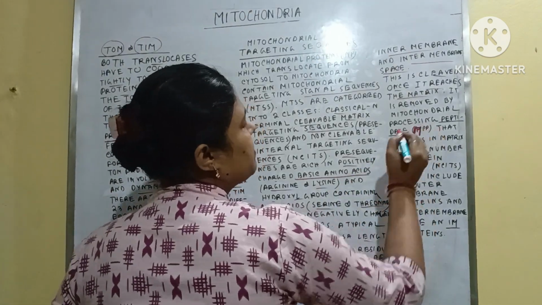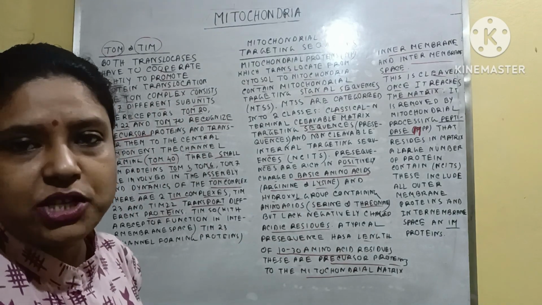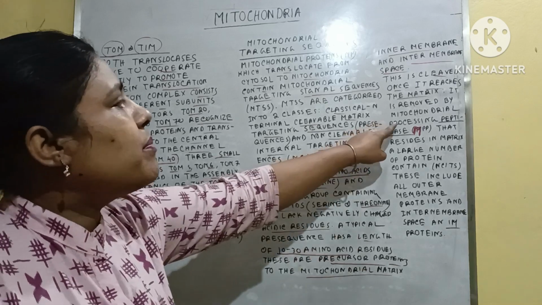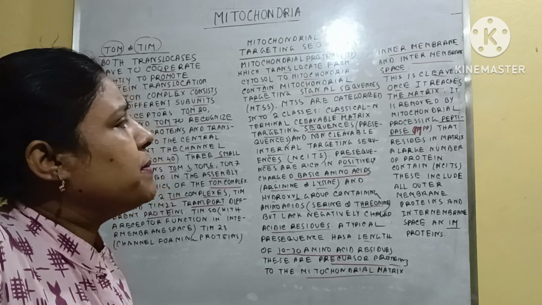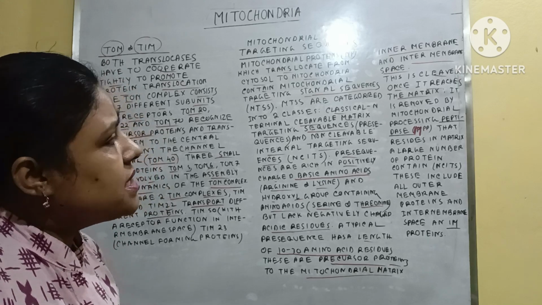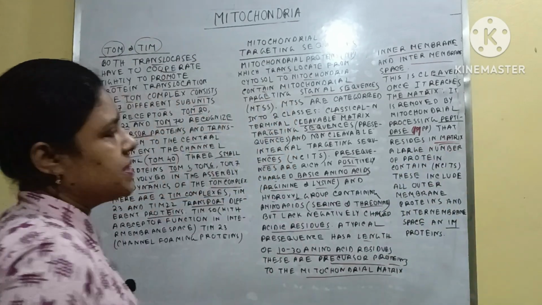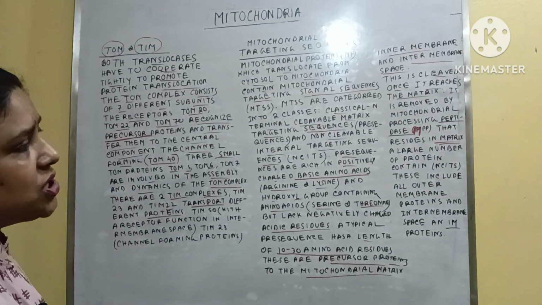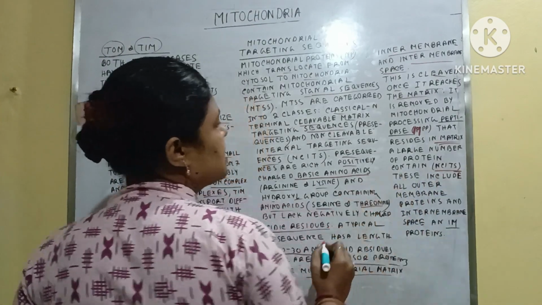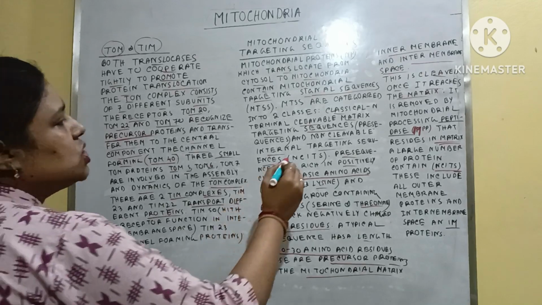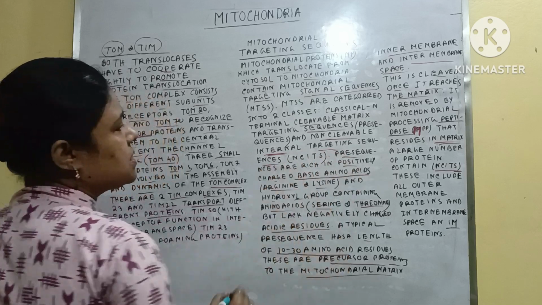Mitochondrial processing peptidase. When it enters into the matrix region after fragmentation, then it is processed by MPP, or mitochondrial processing peptidase, and that resides in the matrix. A large number of proteins contain NCITS. What is NCITS? That means non-cleavable internal targeting sequences.